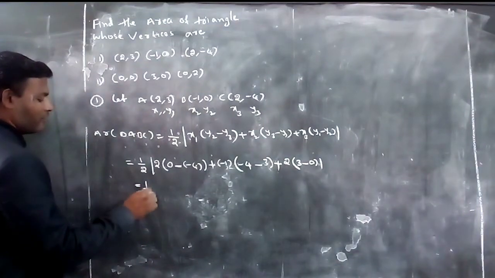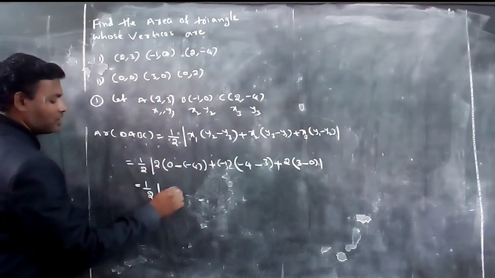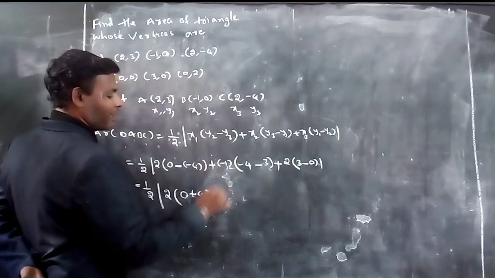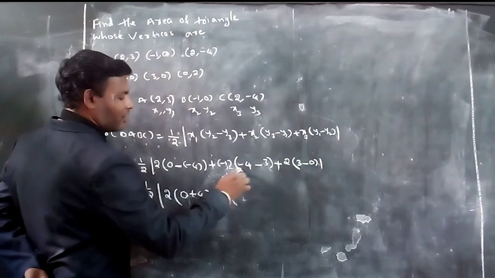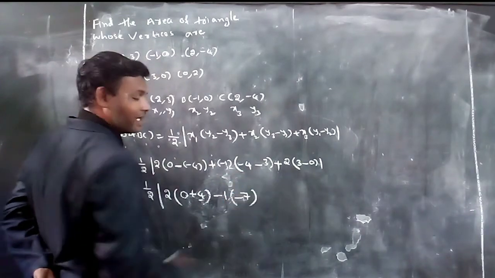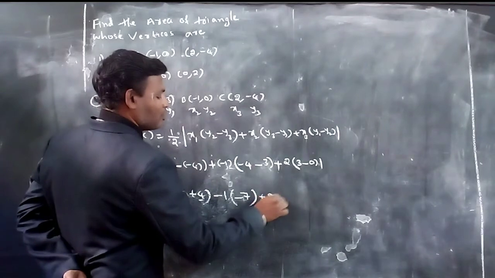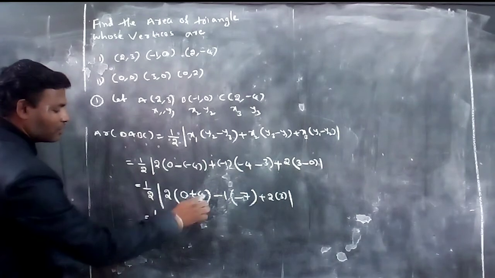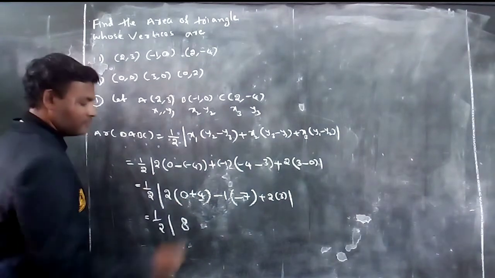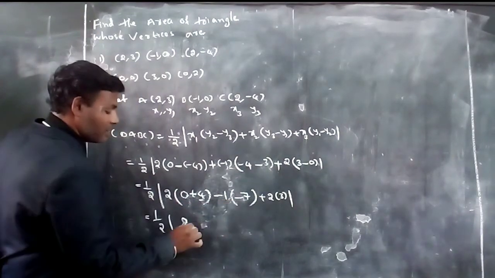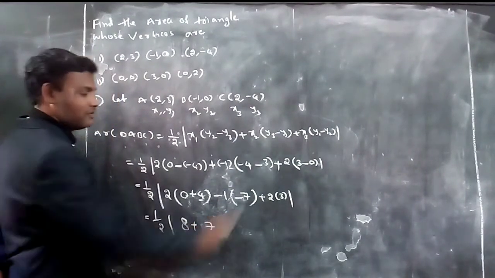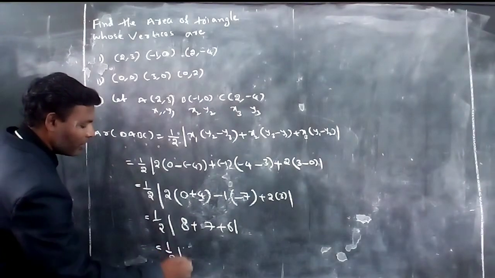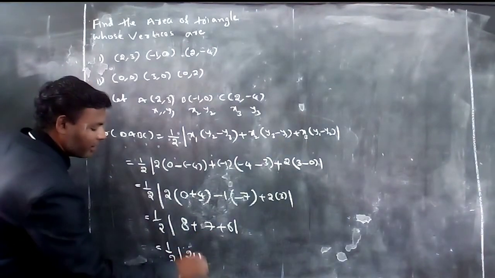is equal to 1 by 2 mod 2, minus into minus plus 0 plus 4, plus minus 1 bracket minus 4 minus 3, you can write minus 7, plus 2 bracket 3. Now remove the brackets. 2 4s are 8, minus into minus plus 7 1s are 7, plus 2 3s are 6, is equal to 1 by 2 mod 21.